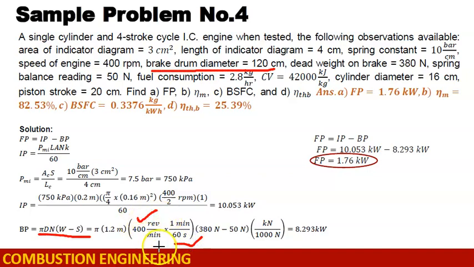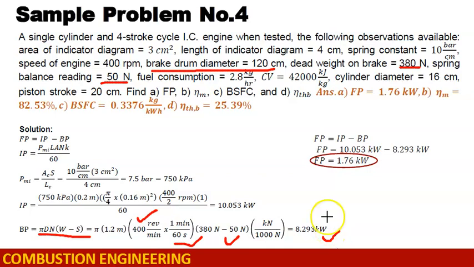We do not divide it by 2, because we only use that for IP. Then W, the dead weight, which is given as 380 newton, minus the spring balance reading, which is 50 newton. We need to convert newton to kilonewton so that our result is in kilowatts. So our BP is 8.293 kilowatts.